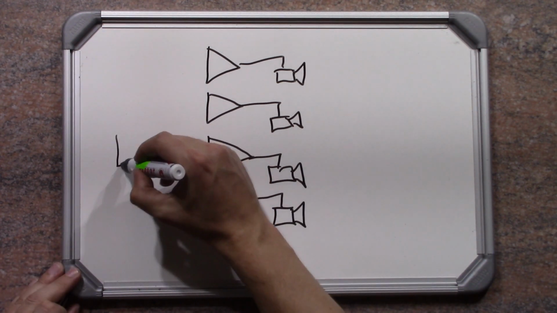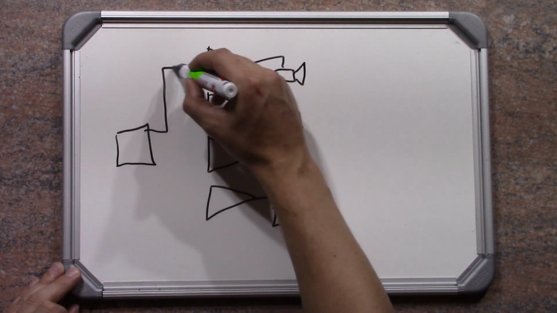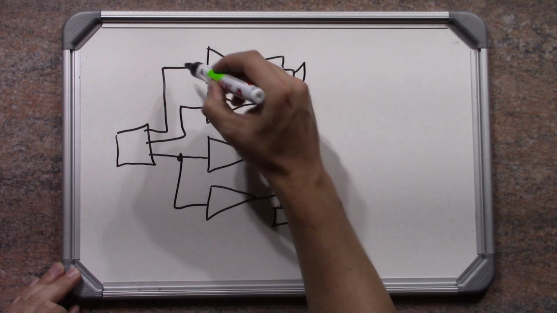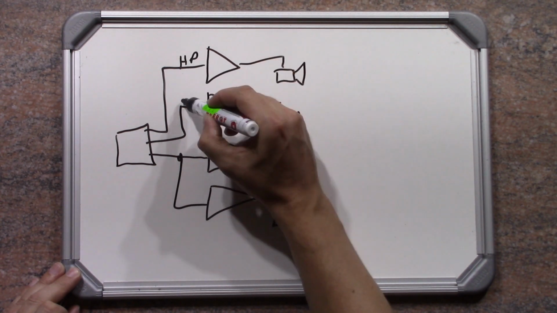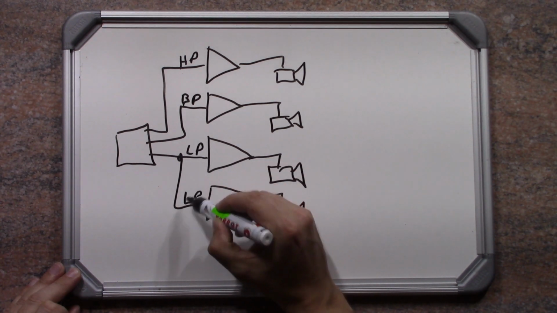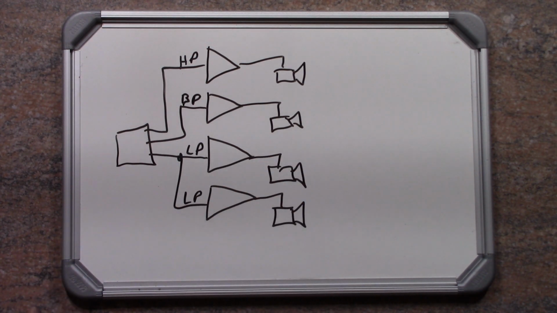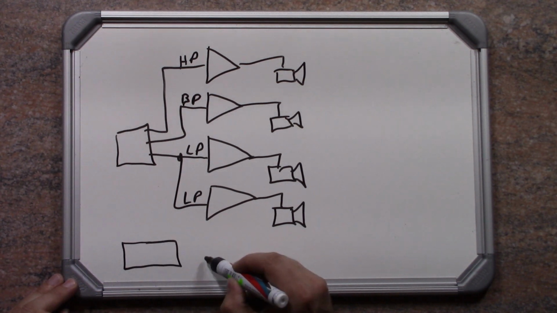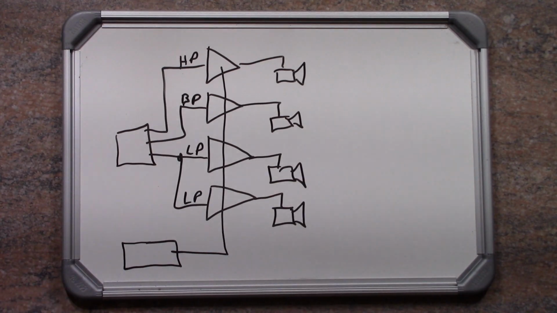We'll have the active crossover in front of these, splitting the signal into a high pass, a band pass, and 2 low pass signals. To save cost, I'm going to build one power supply that feeds all of the amplifiers.